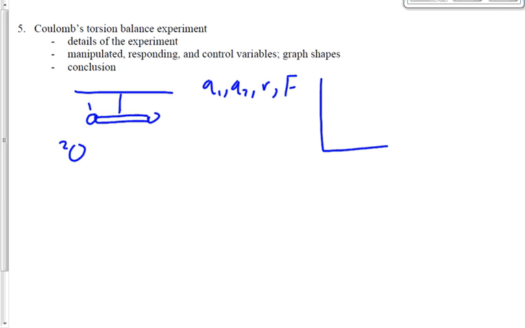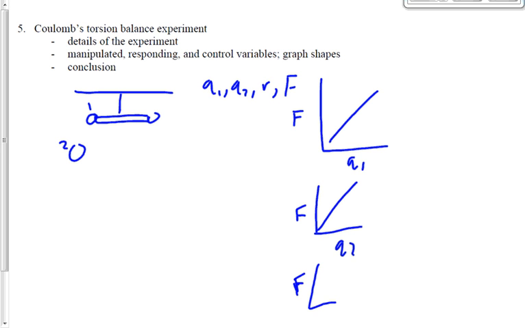We do 3 experiments. The first one, manipulate Q1. What do we keep the same, by the way, when we manipulate Q1? Q2 and R. That's a linear relationship. Change Q2 now. Let's keep Q1 and R the same. Linear relationship. F versus R, what's that shape look like?